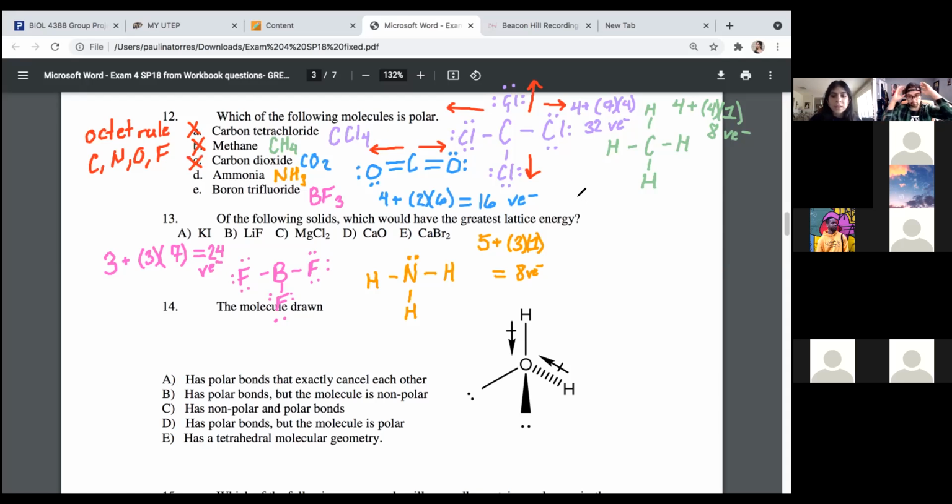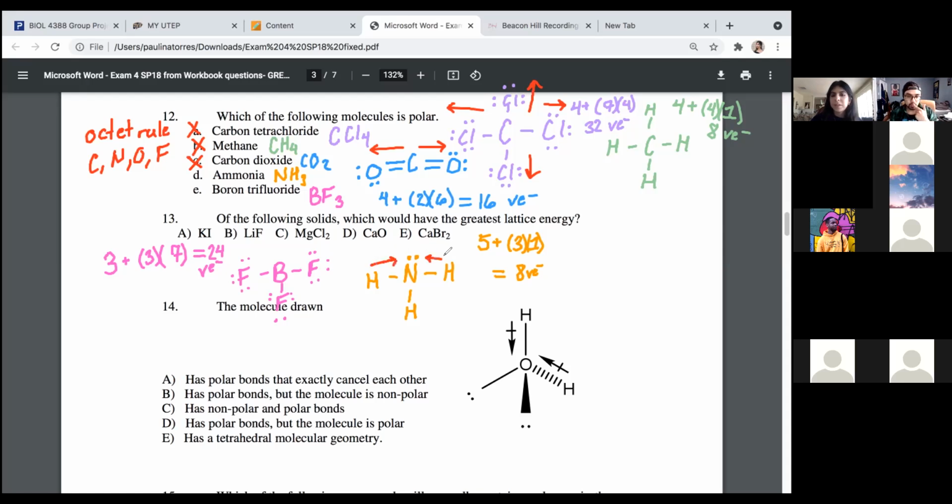Let's look at ammonia. Okay. What do we think here? Which one is more electronegative? Nitrogen. Yes, nitrogen over hydrogen.